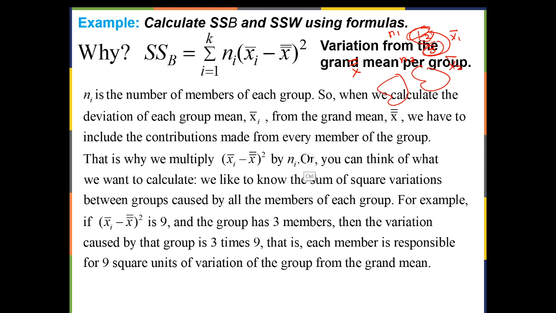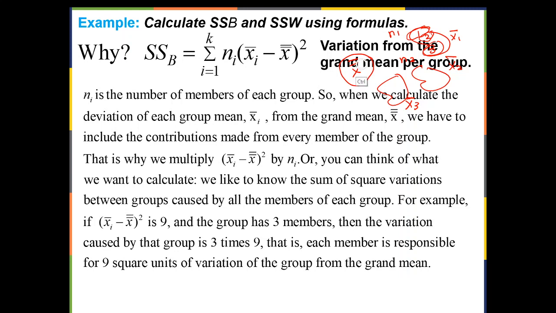Okay, here is another explanation. Think of what we want to calculate: the sum of squared variations between groups caused by all the members of each group. Basically, we want to know why x1 bar, x2 bar and x3 bar are different from x double bar.